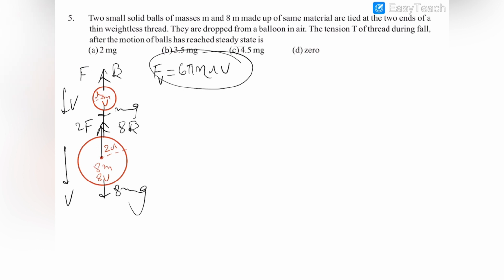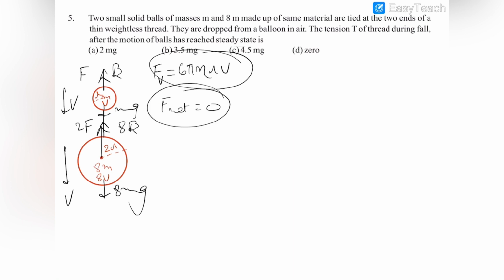So I have assumed that a viscous force F is acting on this ball in the upward direction. The radius of this ball is 2r, so we can say that a viscous force of twice the magnitude is acting on this ball in the upward direction. Now, as this system has achieved steady state, the net force acting on this system will be 0.